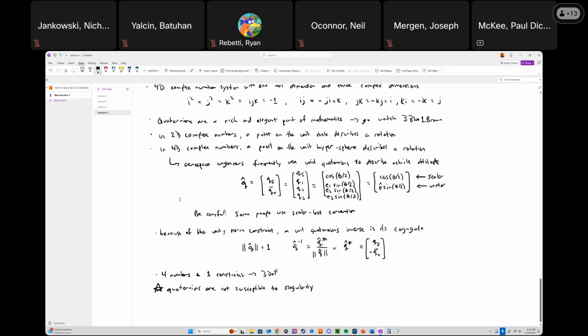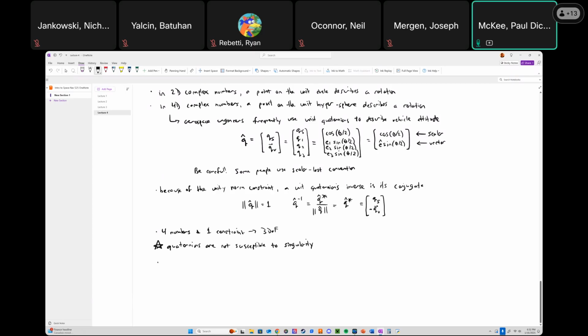There's no way to get stuck in gimbal lock. Also, hopefully this makes some sense. Q and negative Q describe the same rotation.